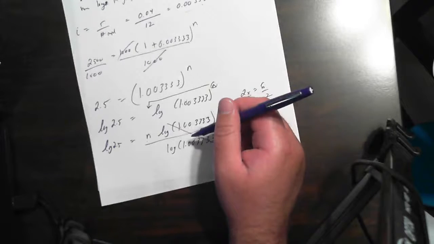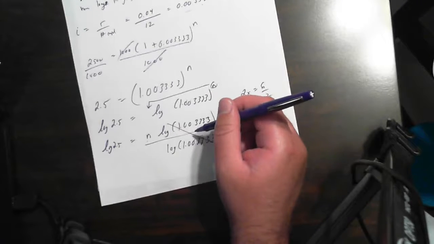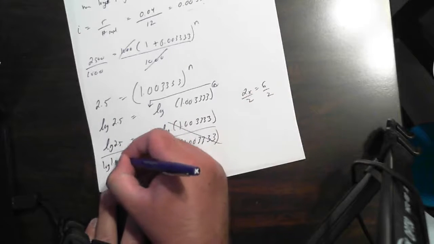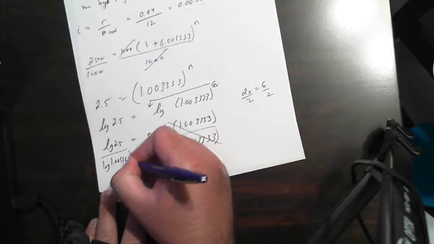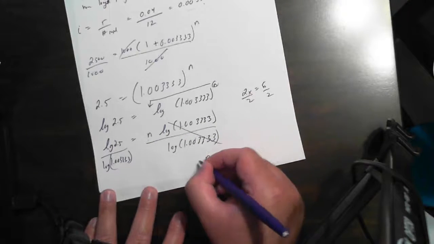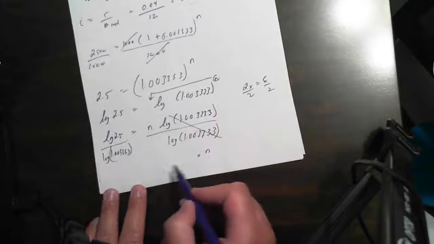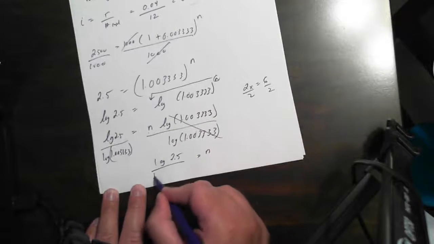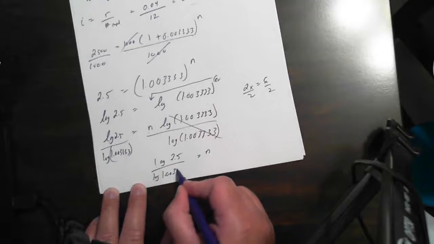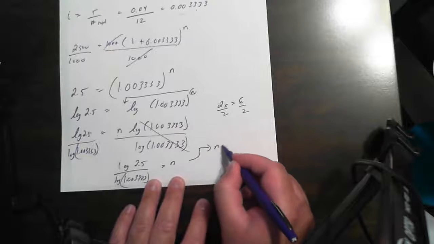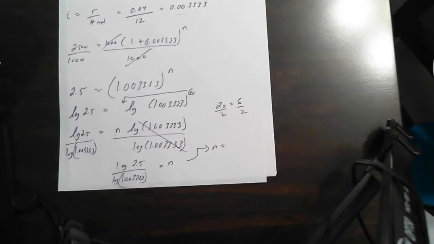Of course, once I divide that side by the log of 1.003333, I need to divide the other side by the log of 1.003333. Okay? So this, of course, is then going to give me n is equal to the log of 2.5 over the log of 1.003333, which I can then evaluate using a calculator, right?